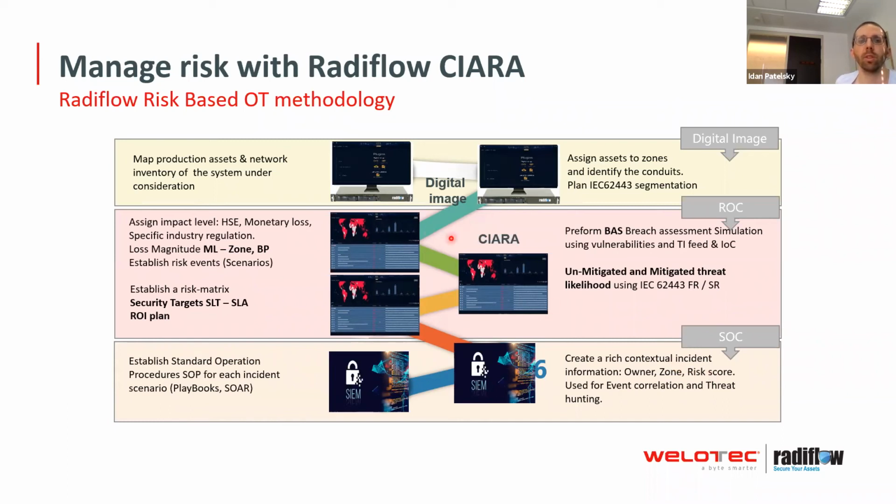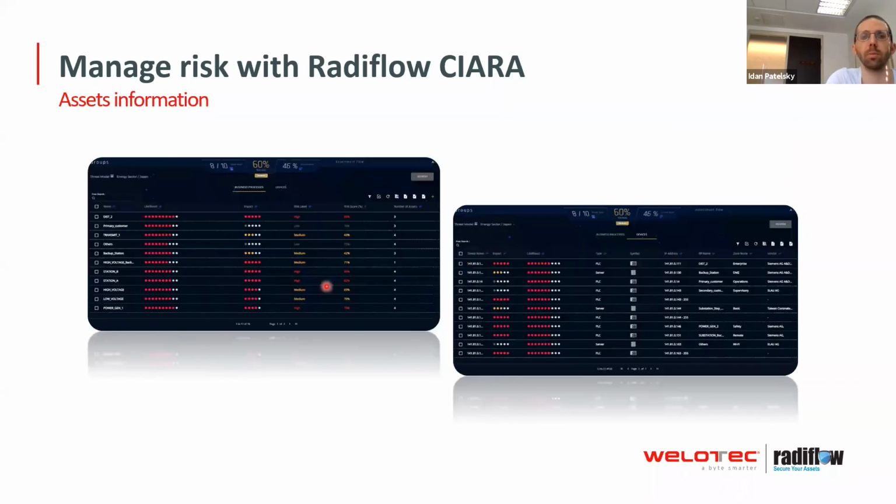So CIARA is really focused on the middle part, which is to assign the relevant impact level, to perform some breach assessment simulation, and at the end to establish the risk matrix, which enables you to evaluate the risk. So how does it look in practice? Obviously, first of all, once you create your digital image, you can see it within CIARA, whether it's the business process or the assets data.